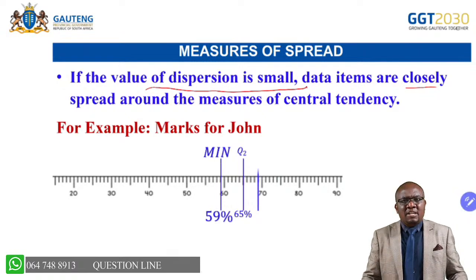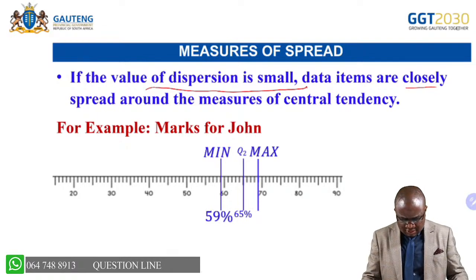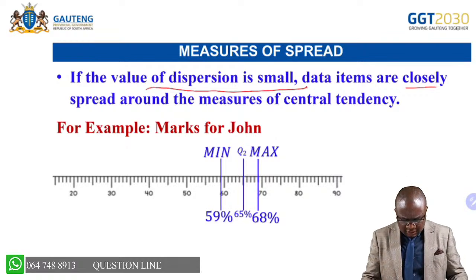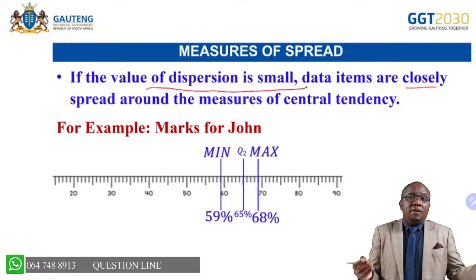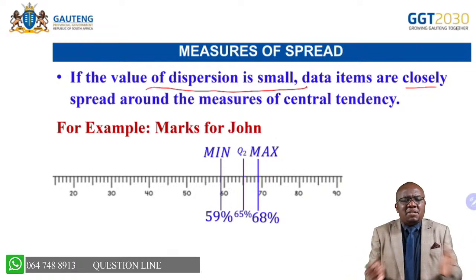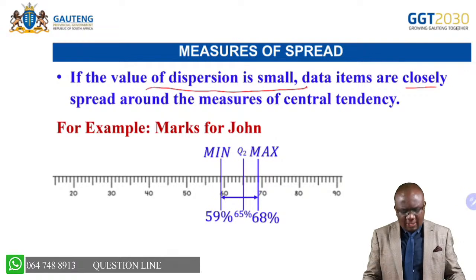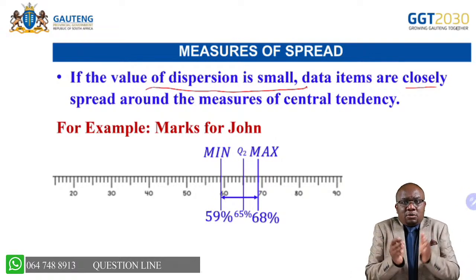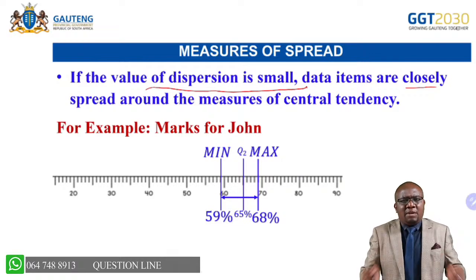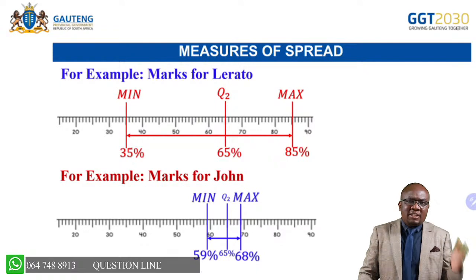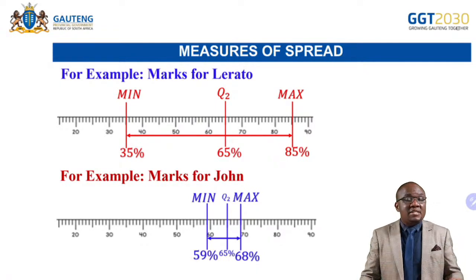And the maximum is 68%. You see that? The difference between the minimum and the maximum is very, very small. So all the marks for John are clustered around the 65%. There's no mark below 59% for John.